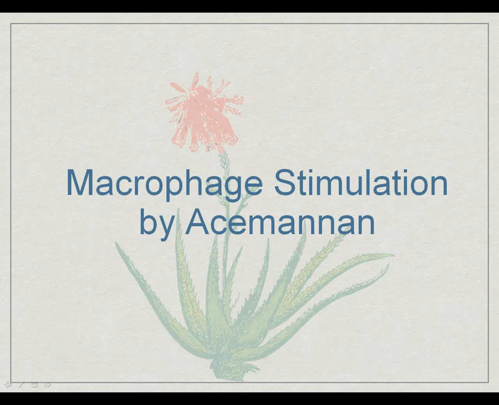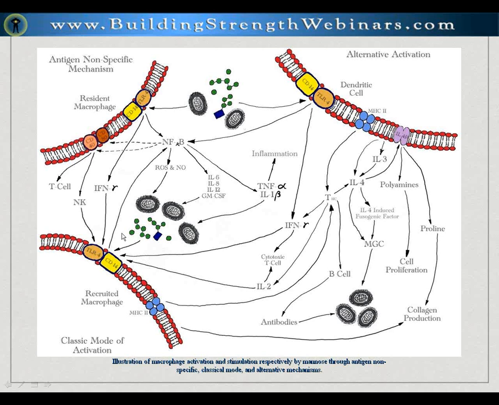And then this is a good illustration of how the macrophages work within themselves. There are actually three different actions. There's the antigen nonspecific mechanism, there's the classical mode of action, and there's the alternative action.